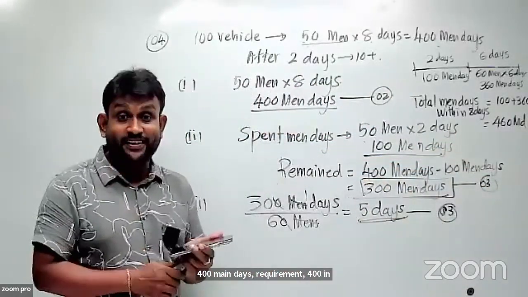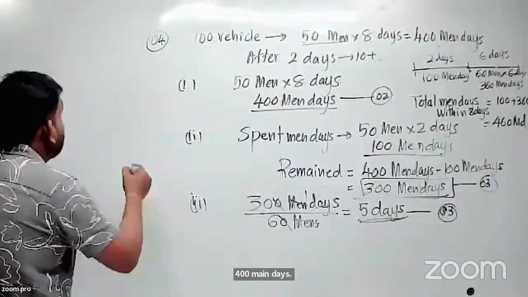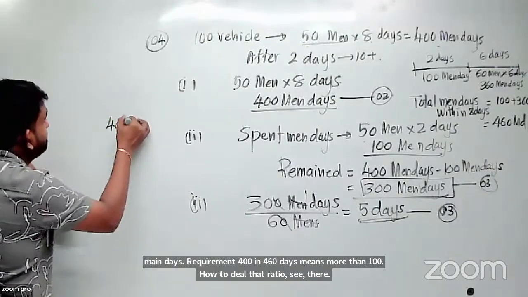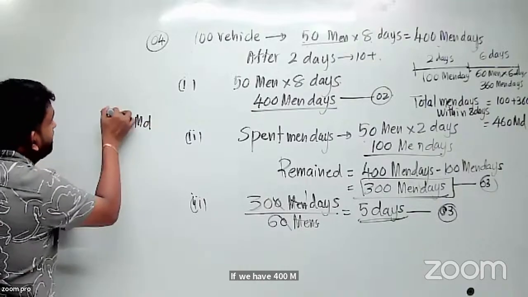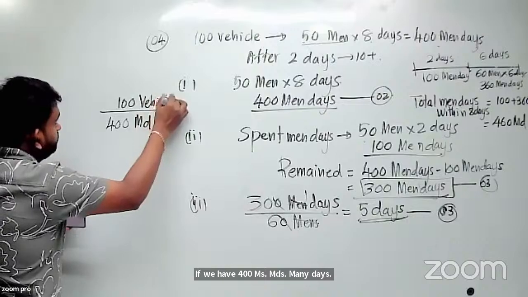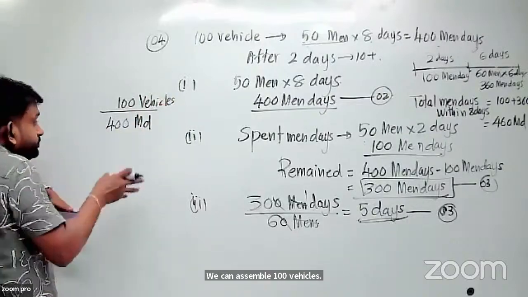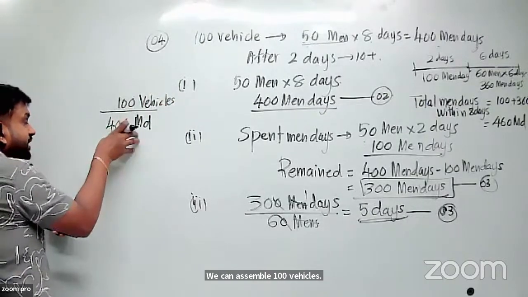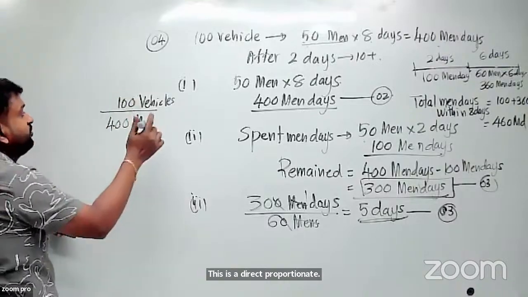How to develop that ratio? If we have 400 MDs, MD means man days, we can assemble 100 vehicles. This is a direct proportion. If we have 400 man days, we can assemble 100 vehicles.